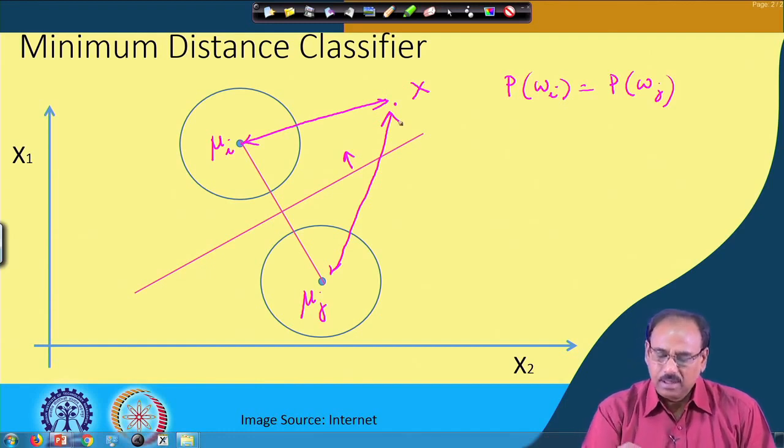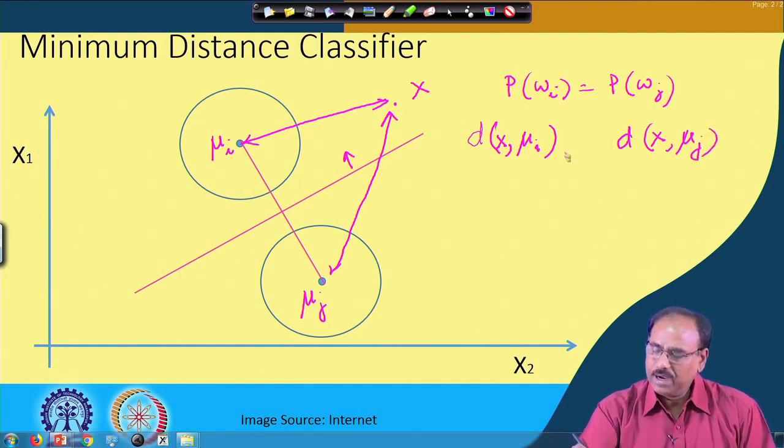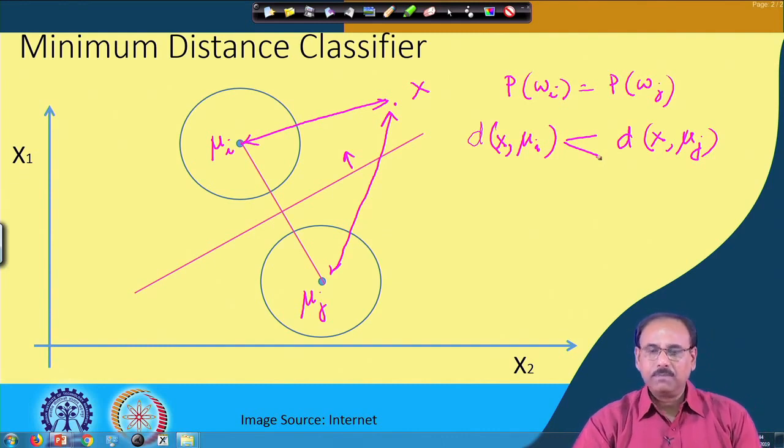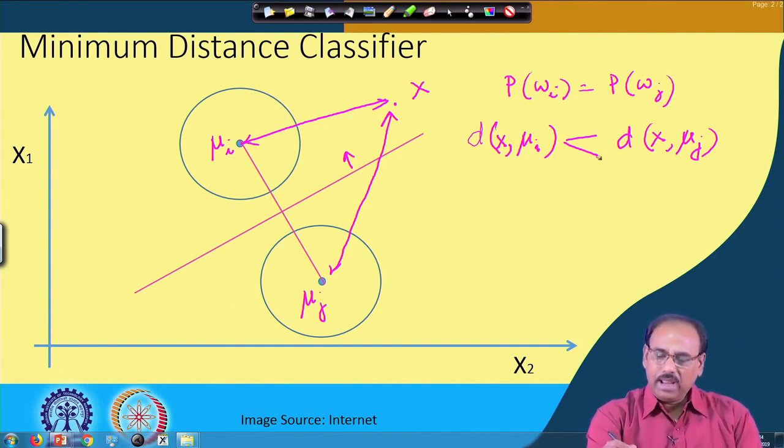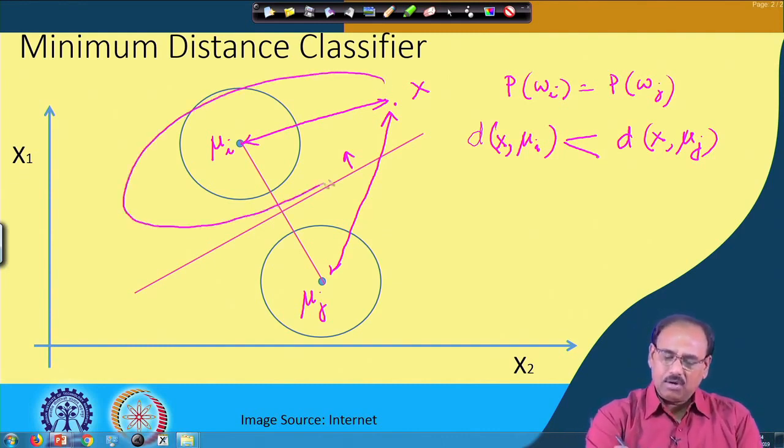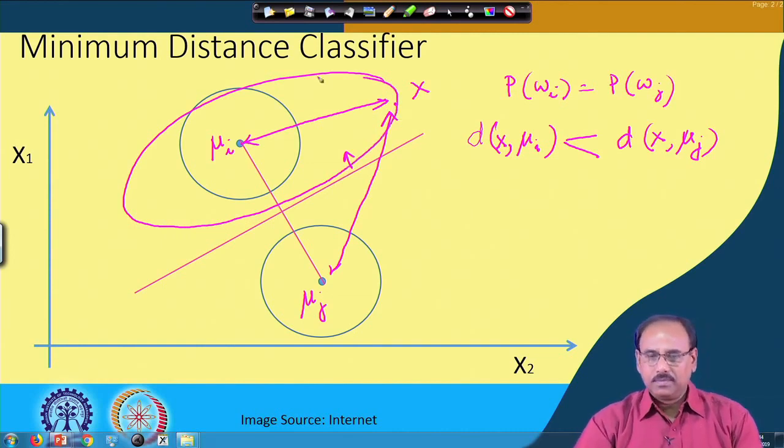The distance between x and mu i, which I represent as d of x, mu i, and the distance between x and mu j, d of x, mu j: you find that d of x, mu i is less than d of x, mu j. That is true for any point x lying on this side of the boundary.